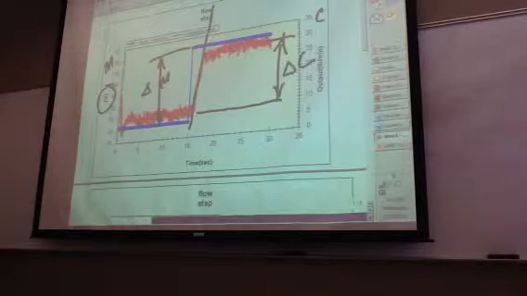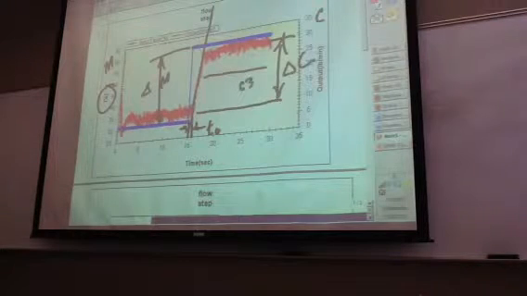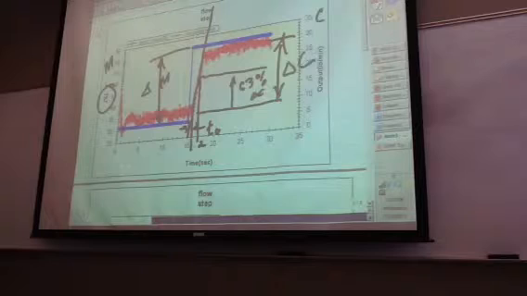This is eyeball. If you had a ruler, you'd probably do better. And this distance here is dead time. And then I go up 63% of delta C out here. And where that meets that, I'll draw a line down here. And that little bit is tau.